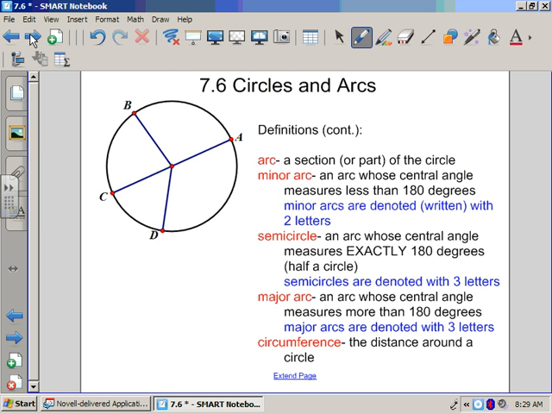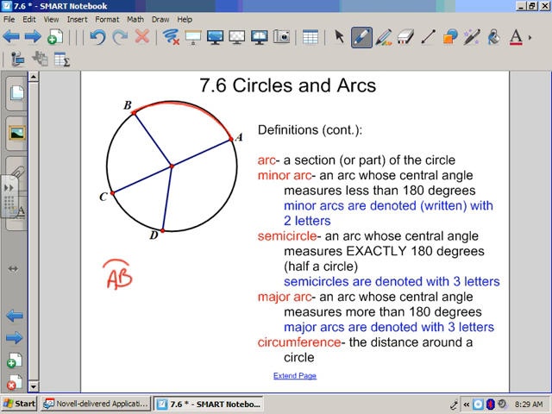A few more definitions. An arc is a section or part of the circle. I have the whole circle. An arc would be just a part of it. The red part that I just drew would be called arc AB.